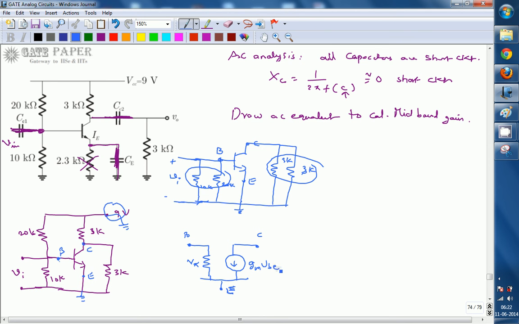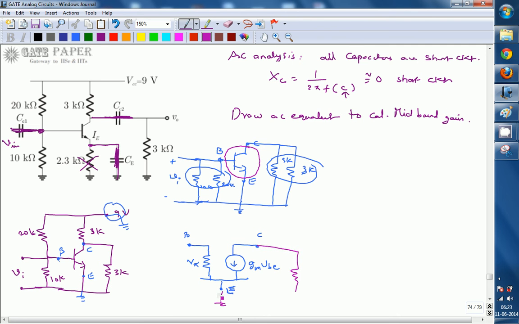Okay, now this is the equivalent circuit for the symbol of the transistor. Now we have to add the other resistances of this circuit. The emitter is directly connected to ground, and there is a resistor between ground and collector, whose value is 3 parallel 3, which is 1.5 kilo ohms.